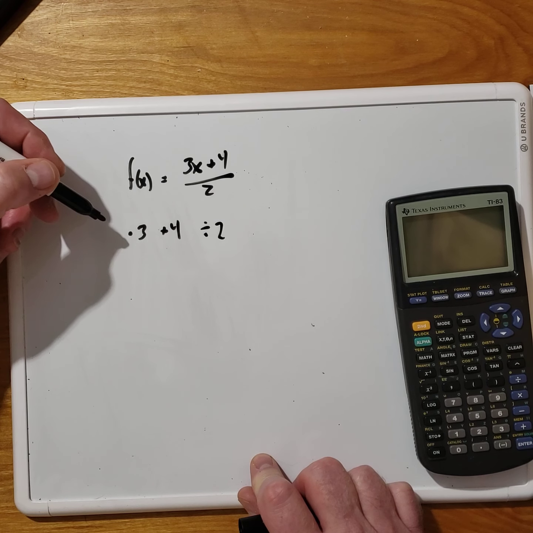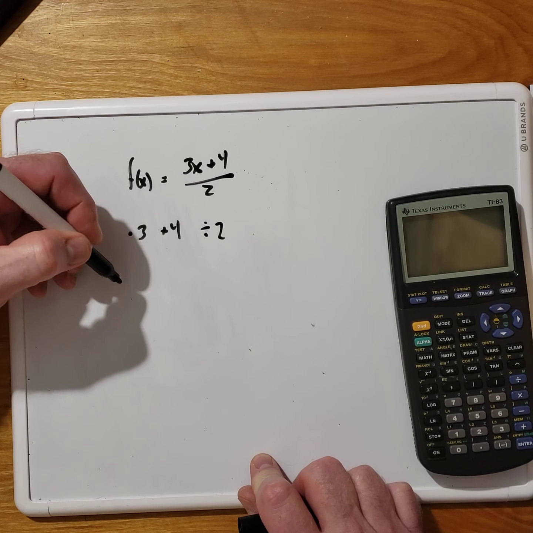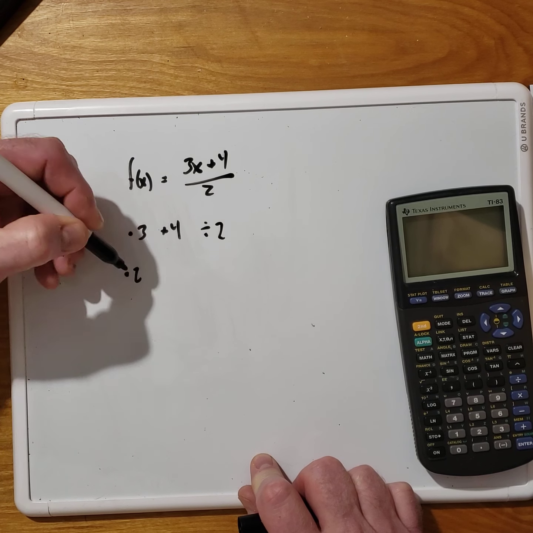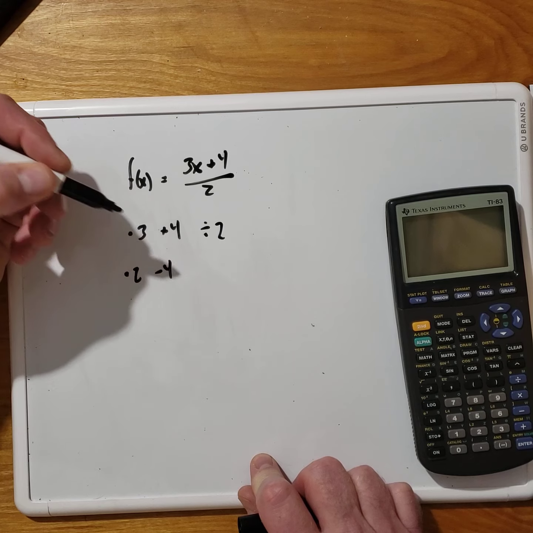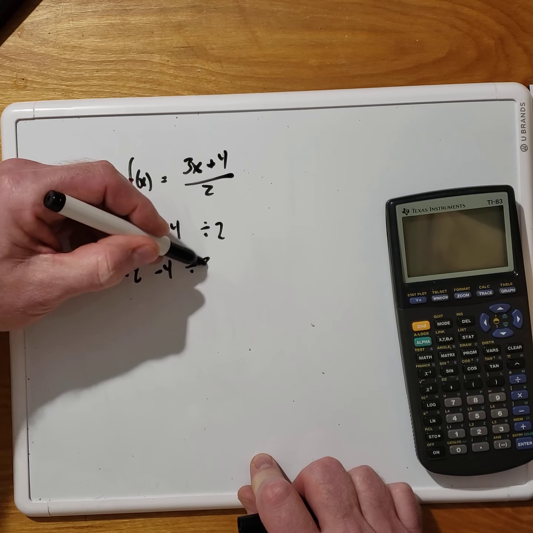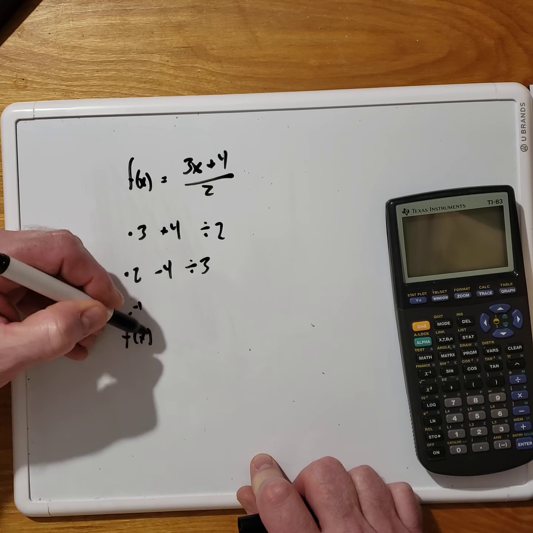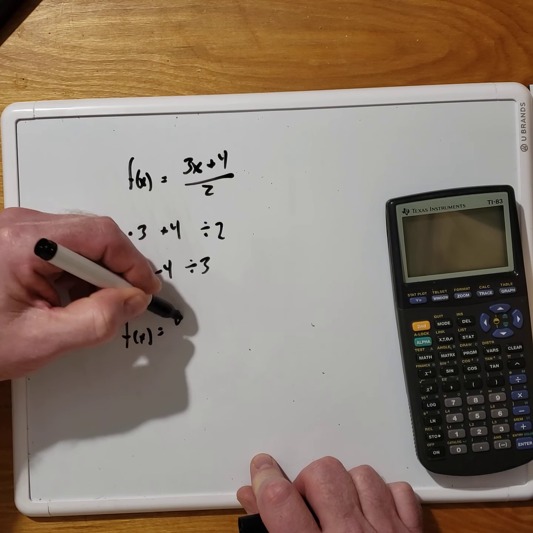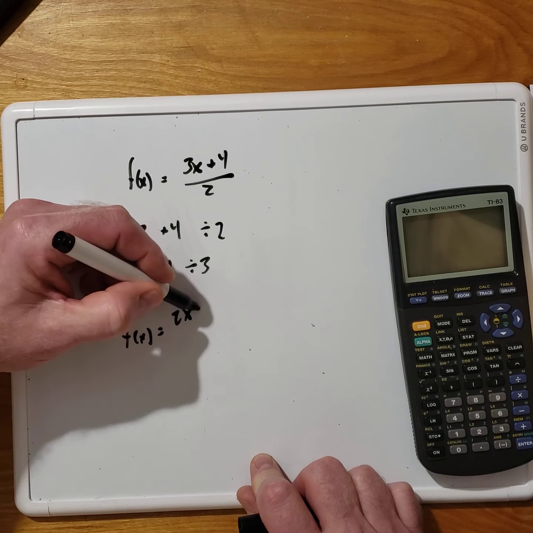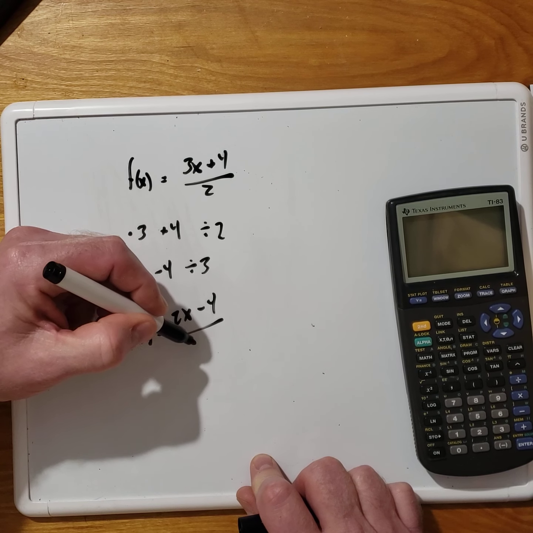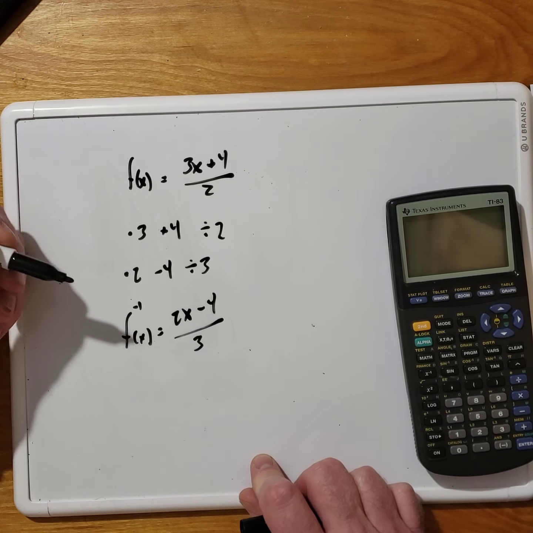We want to undo those operations in the opposite order. We'd want to multiply by 2, then subtract 4, and then divide by 3. That would give us our inverse. So our inverse here is multiply the x by 2, subtract the 4, and then divide by 3.